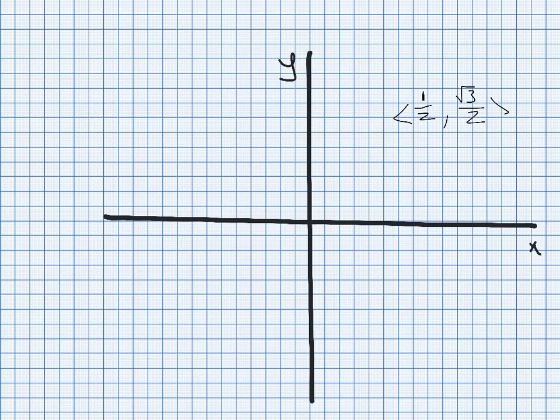Okay? And so if I square the first one, I get 1/4. When I square the second one, I get 3/4. 1/4 plus 3/4 is 1. So you'll notice that I chose to do the angle of 60 degrees. Now, 60 degrees is right about here. So we'll put that right.